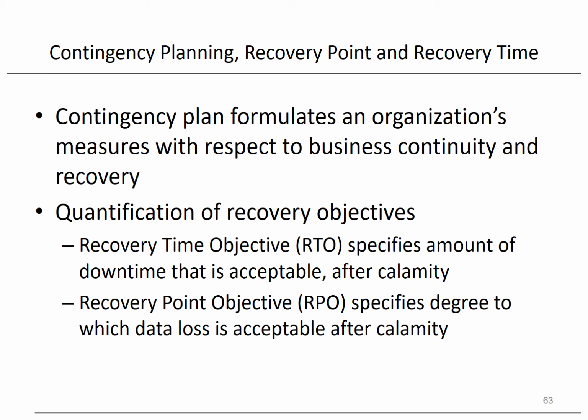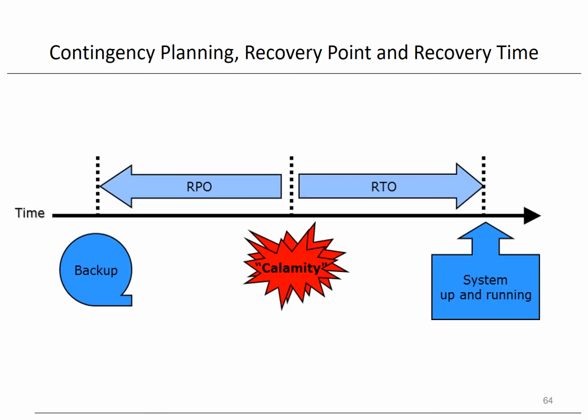The recovery time objective, RTO, specifies the amount of downtime that is acceptable after a calamity occurred. The recovery point objective, RPO, specifies the degree to which data loss is acceptable after a calamity. The consequences of RPO and RTO are depicted in this figure.